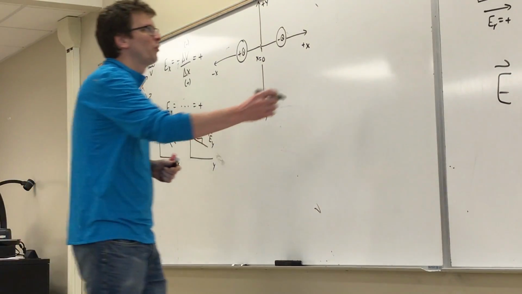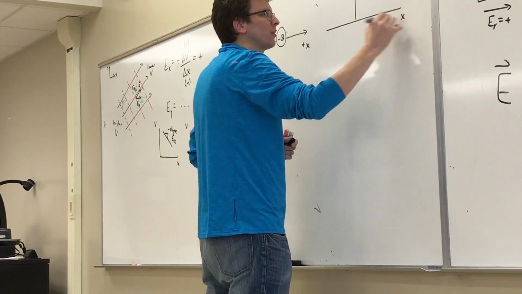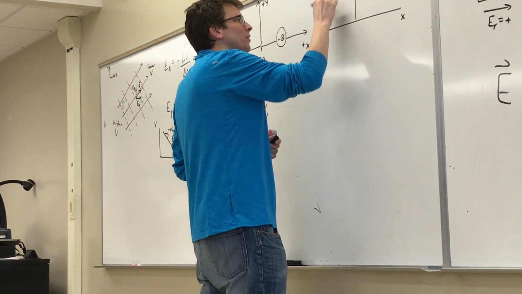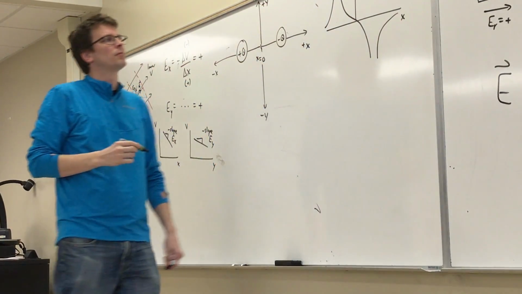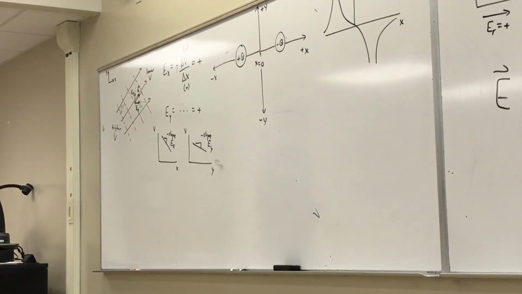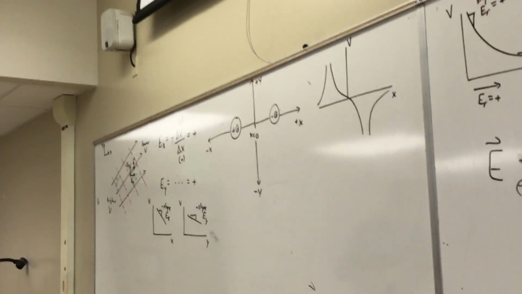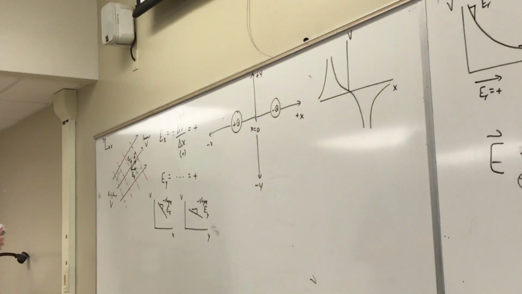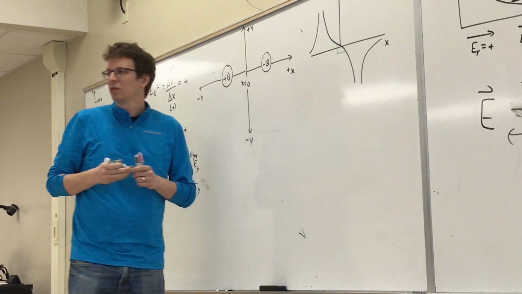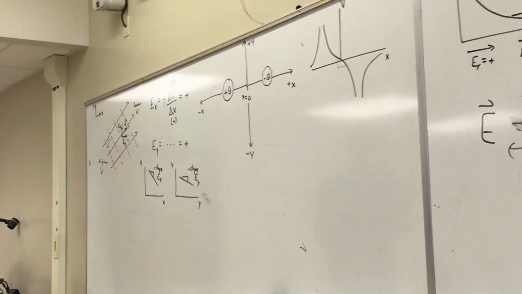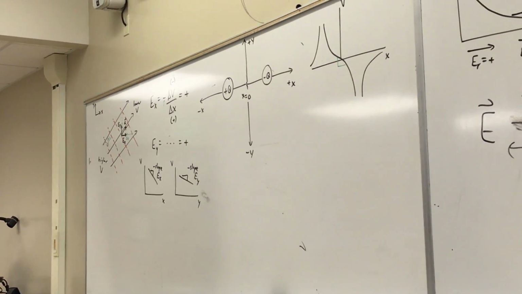Well, we've already graphed the voltage versus x. We found it looks something like this. Well, let's take a look. Right here, do we have a slope? Is that slope 0 or not 0? It's not 0.